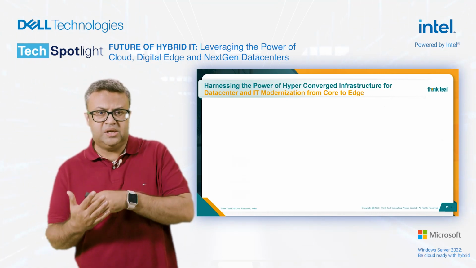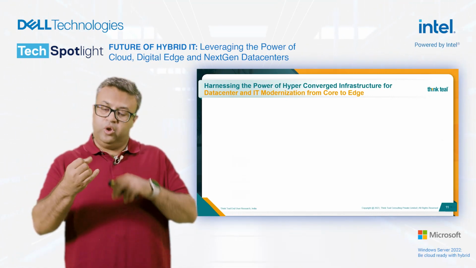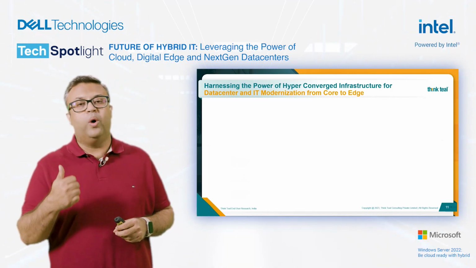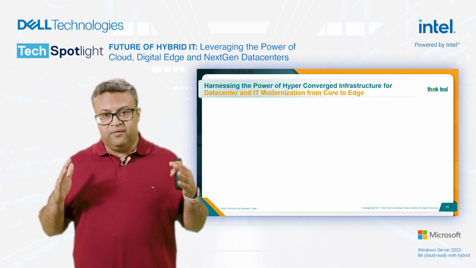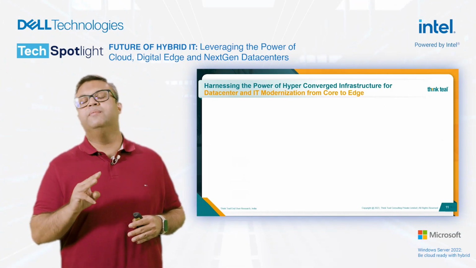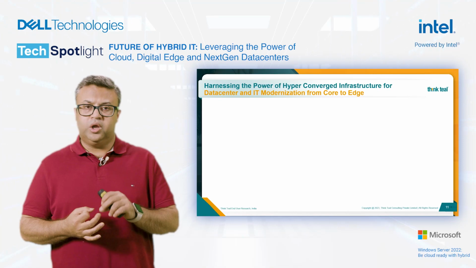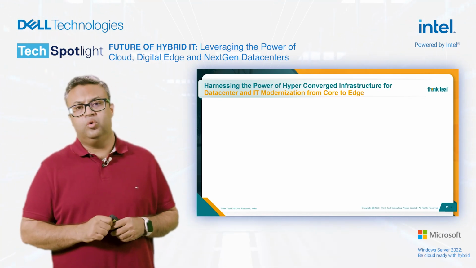This is a story wherein you have your network, storage and compute all under, say, one box. So you're converging the three core elements of a data center, namely, like I said, compute, storage and network, all done through one box.